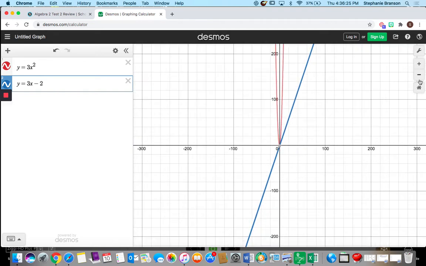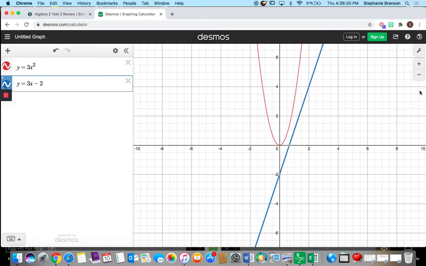Doesn't matter how far I zoom out. It doesn't look like this graph is ever going to touch, does it? So the number of real solutions that this graph has would be no real solutions.